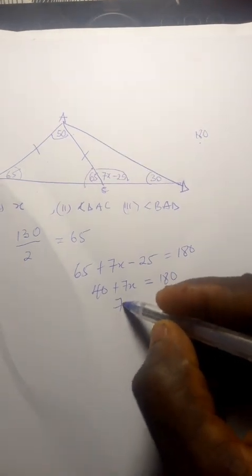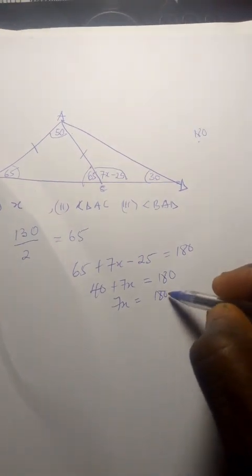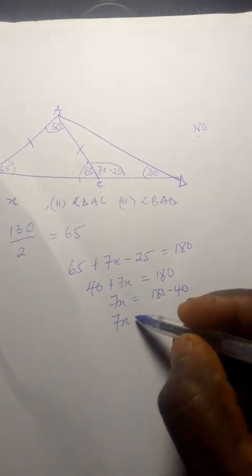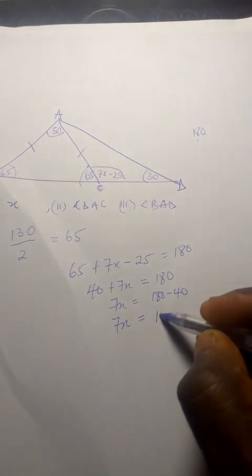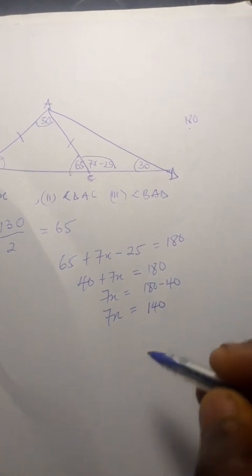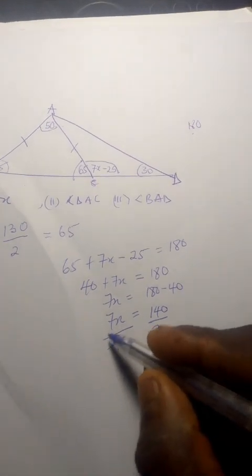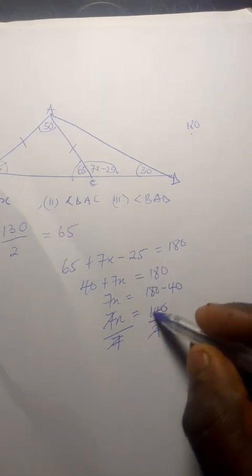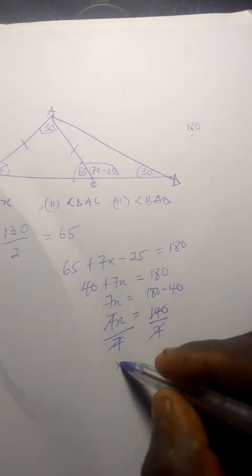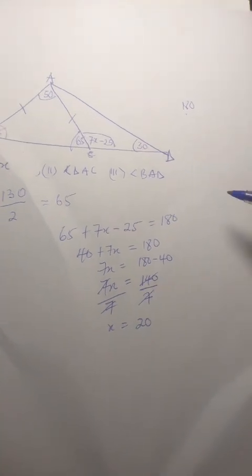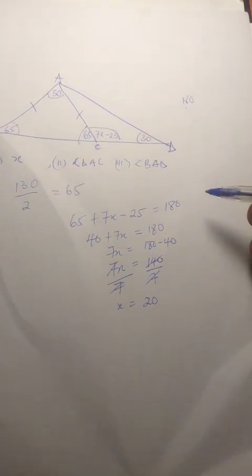And then 7x is equal to 180 minus 40. So 7x, you are having 140. Now from here, you can divide both sides by 7. So that 7 cancels 7. 7 is going to 140, that is 2, which is 20. So our value of x is 20.